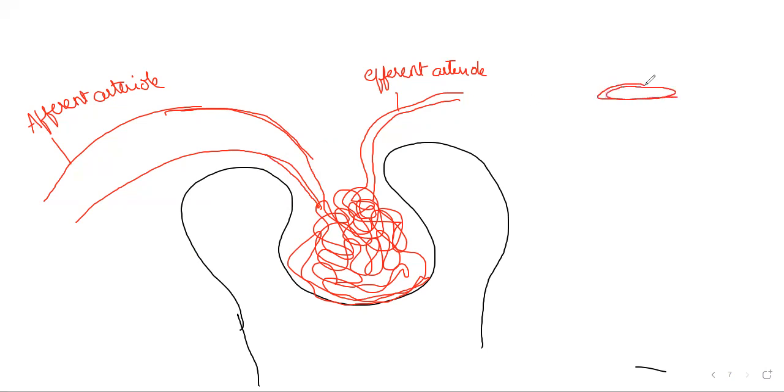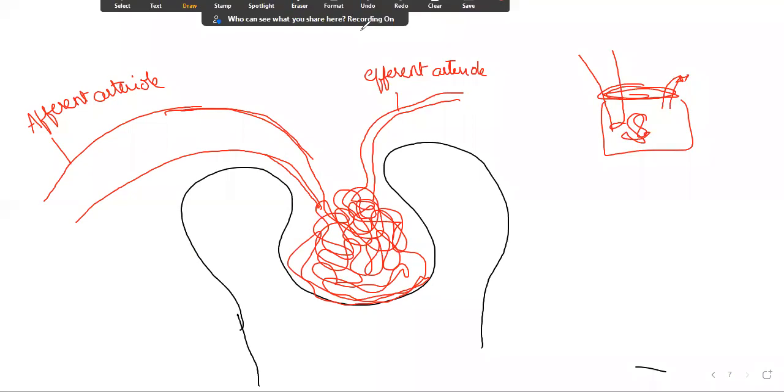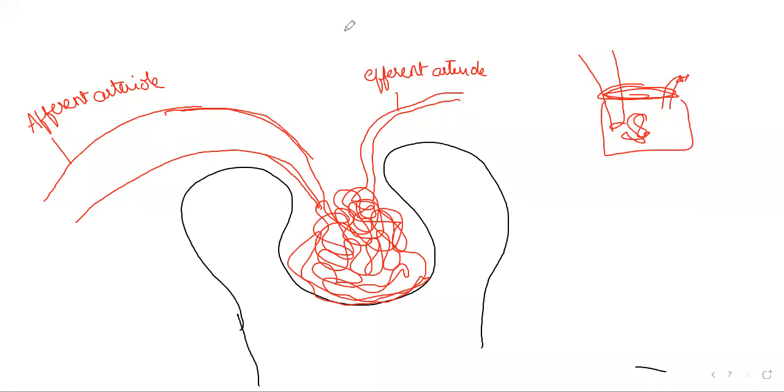Imagine a closed bucket with a bigger pipe through which I am dumping water, and with a smaller pipe I am taking water out. What will be the condition inside the bucket? With a bigger pipe I am dumping water, a large amount is coming inside and little is going out. So what can be expected inside?